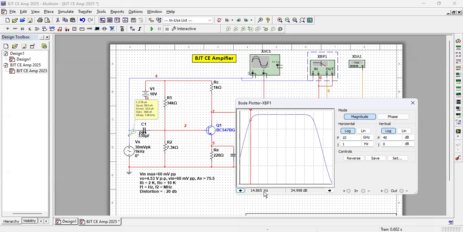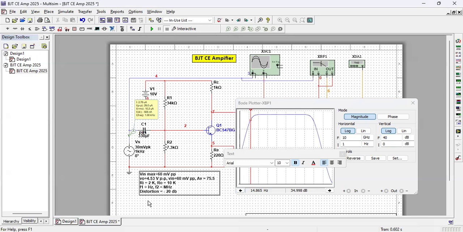That is around 15 hertz. So F1 is 15 hertz. You have a very good amplifier where your lower cutoff frequency is only 15 hertz. There is no human voice which can go to 15 hertz.